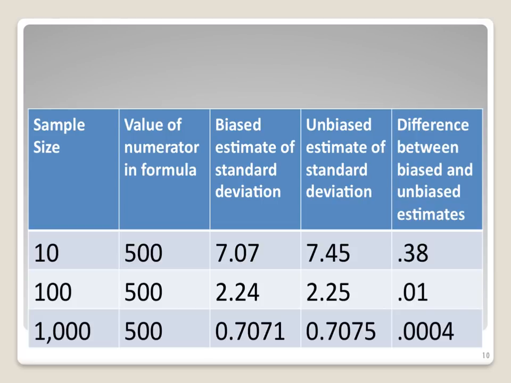So it's not as big of a deal as we get larger sample sizes, but because we don't always have sample sizes that are 1,000 scores, we will, from this point on, always use the unbiased, or the n-1, for our standard deviation calculation and variance calculation.